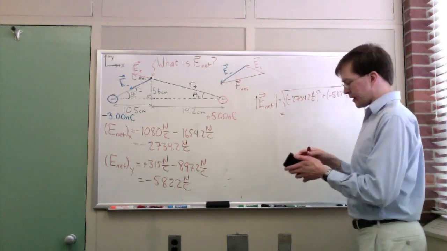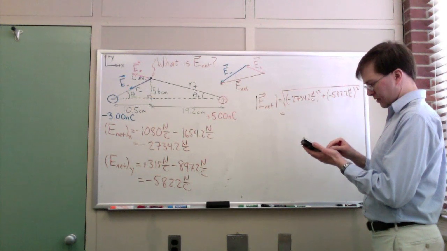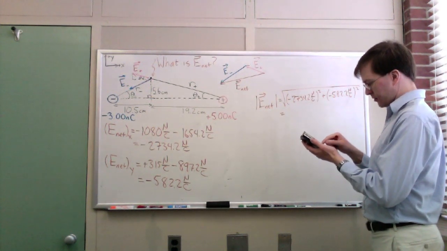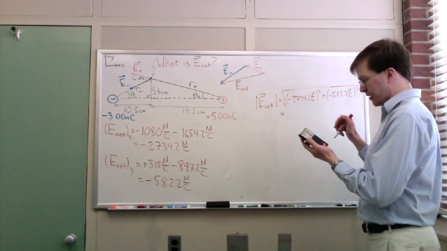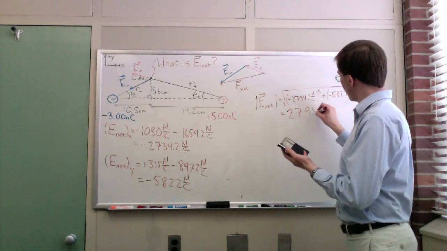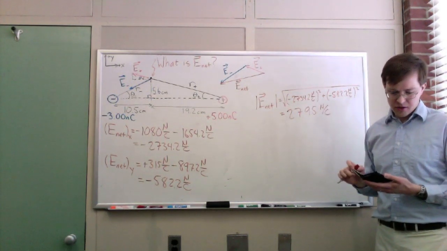And if I do that, what do we have? 2734.2 squared plus 582.2 squared. I get 2795 newtons per Coulomb as my overall strength.